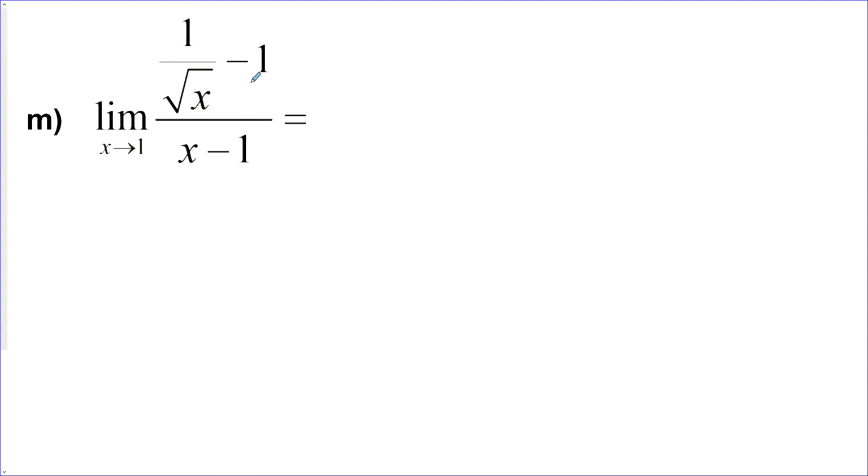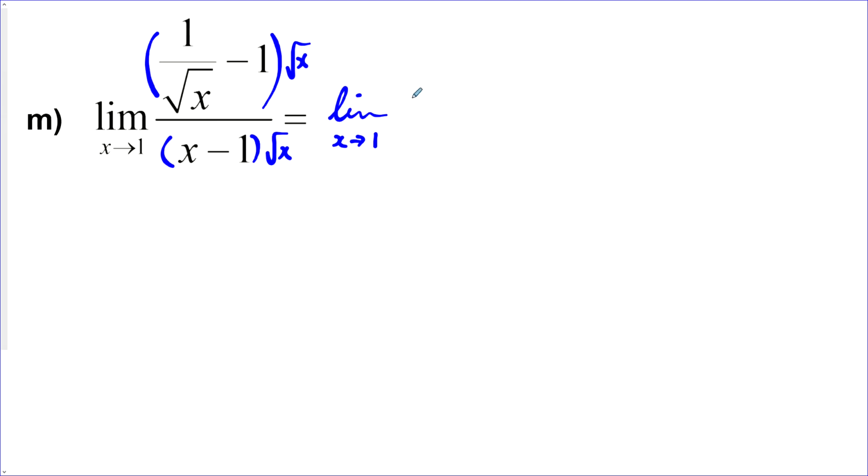Yeah, too bad. Let's first get rid of the fraction within the numerator by multiplying the numerator and the denominator by the square root of x. And in the numerator, I'm going to multiply it in here. Now I need to write the limit as x approaches 1 because I haven't let x approach 1 yet.